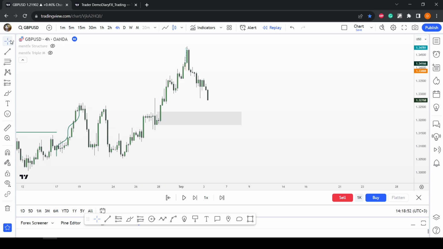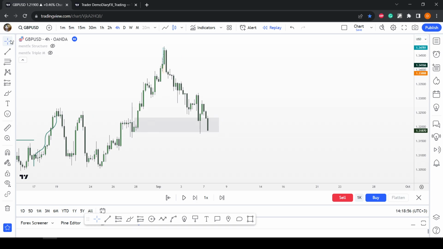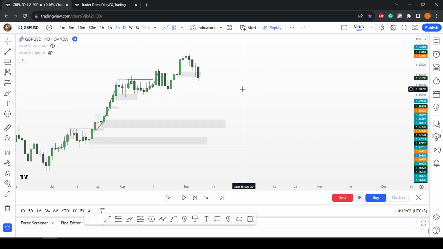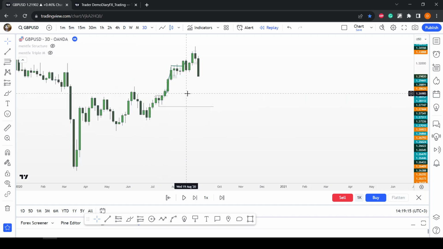So just break in, maybe some 2.0s. Just starting to break, and the thing is that everything is mitigated here, as you can see. So our zones, some zones that we have unmitigated, maybe from 3 days, are lying here, like this big zone.